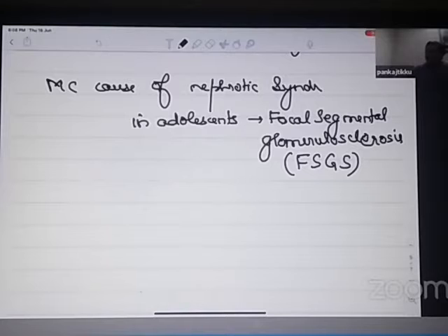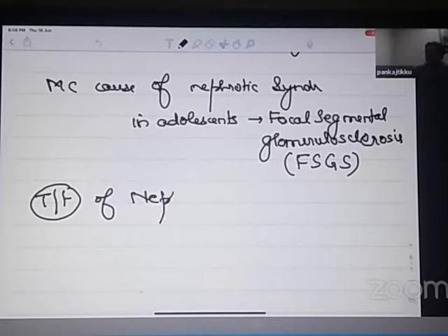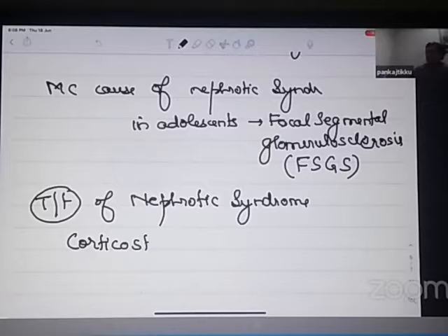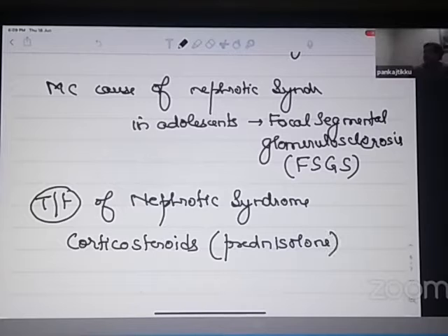The treatment of choice of nephrotic syndrome is usually corticosteroids. What is the treatment of choice? It is corticosteroids. So prednisolone is the drug of choice, and a total of 12 weeks of therapy is usually recommended.